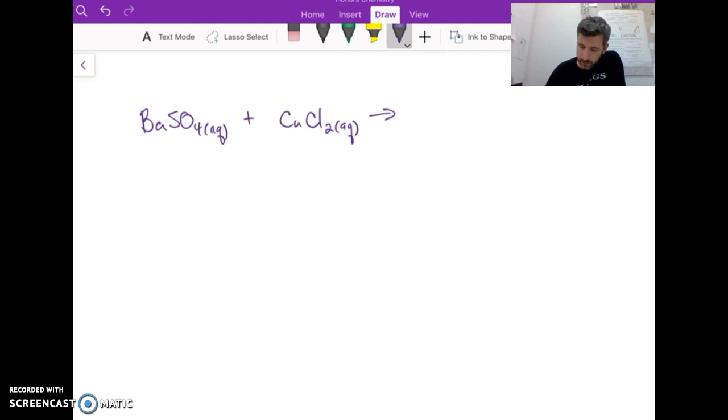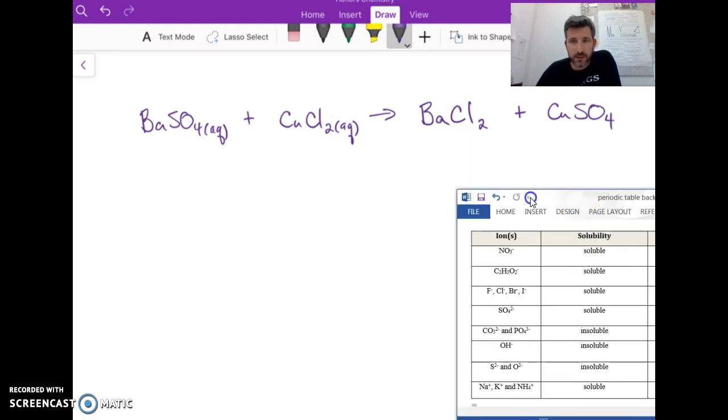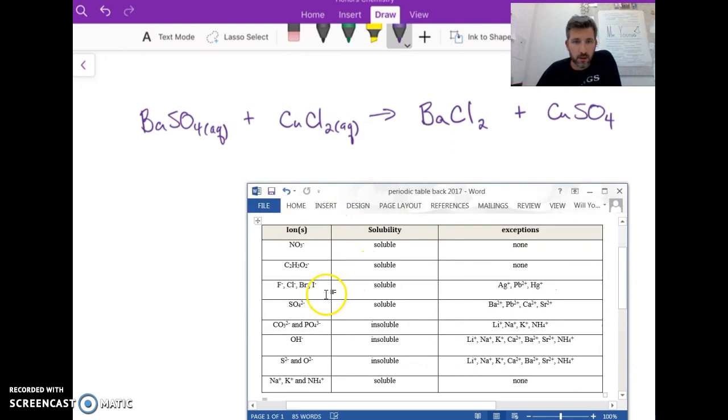Okay, so barium would trade places with copper, so that would be paired up with chloride, and since barium is +2, chloride is -1, I'm going to get BaCl2, and I'm going to get copper sulfate, and those are +2 and -2, so I don't have to change any subscripts. So let's see if this is a reaction. Chlorides are down here.